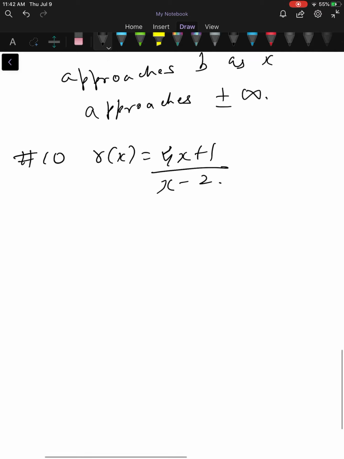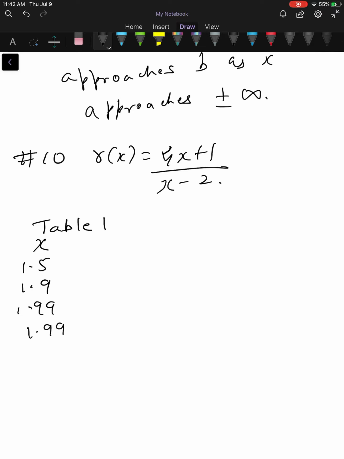Okay, there are tables given, so let me write table 1. Table 1 has x values 1.5, 1.9, 1.99, 1.999. You can see that x is approaching 2, correct? So let us see what happens to the functional value if you substitute these four values. 4 times 1.5 plus 1 is 7.